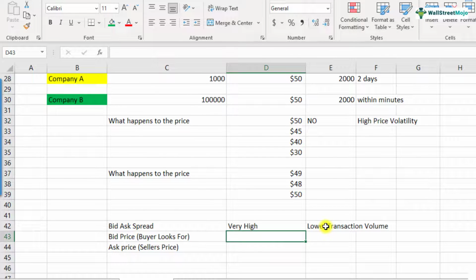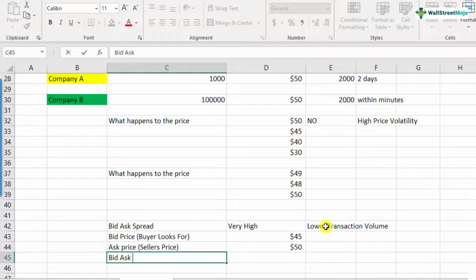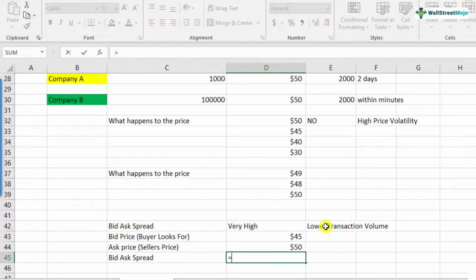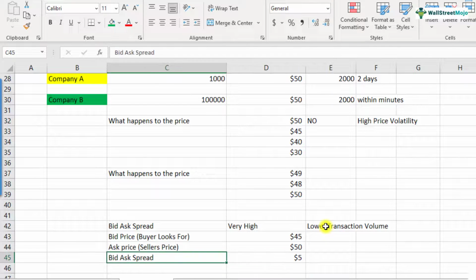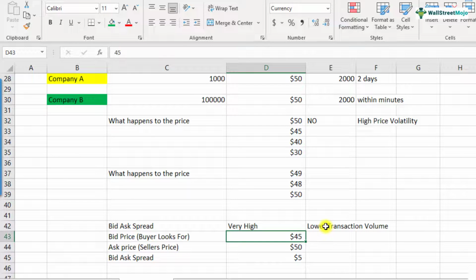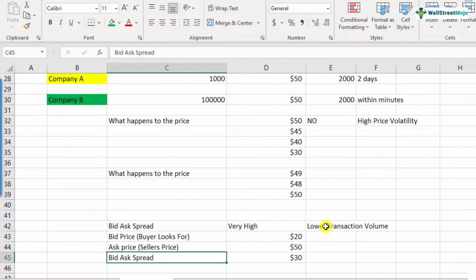So let's say $45 is the price at which the buyer is comfortable buying and the seller is ready to sell at $50, the bid-ask spread will be 50 minus 45. But if the bid-ask spread is very high, let's say the buyer is only willing to buy at 20, the bid-ask spread will become 30, right?